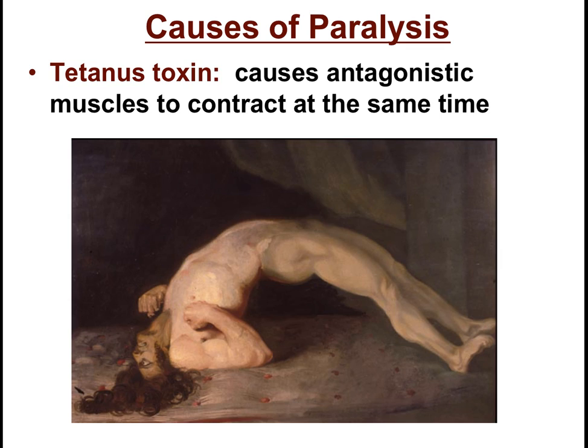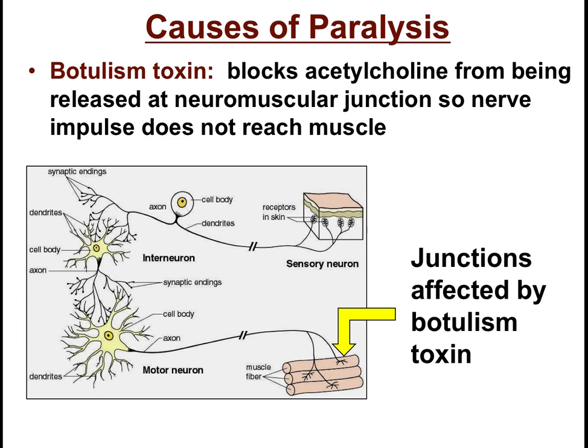So you're losing the control of these muscles. You're not able to tell your muscles whether to contract or not. They are contracting involuntarily, and they're all doing it at the same time. So if you've ever had a muscle cramp like a Charlie horse, you know how painful that can be. Imagine that taking place in all your muscles at once, and it's quite a serious thing when that happens. And that is the case of tetanus toxin.